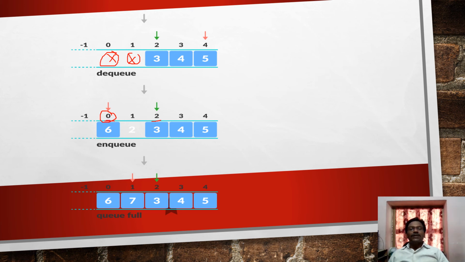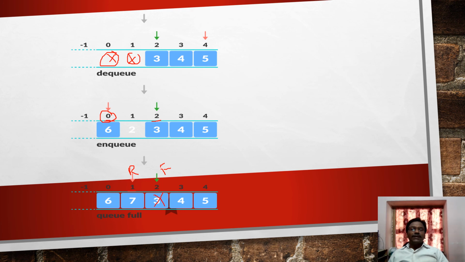There is the reusability of the memory. Again, I will try to insert, that is the first position. In this, the first position is used for the rear and the second position is the front.